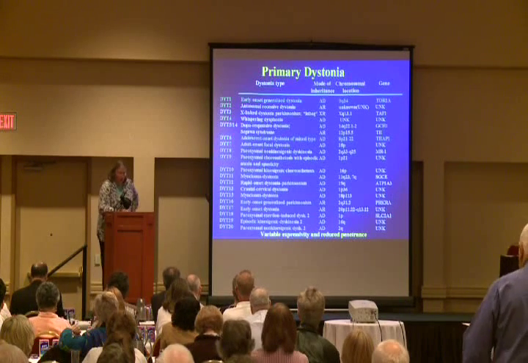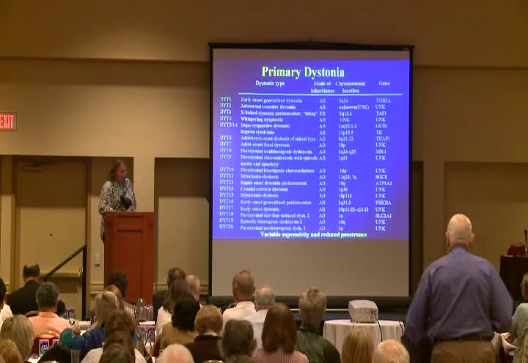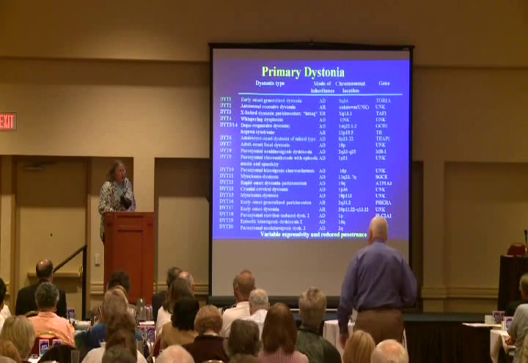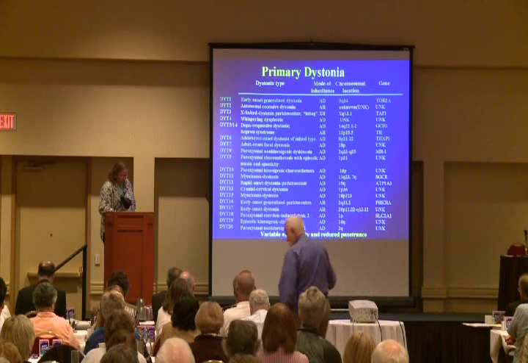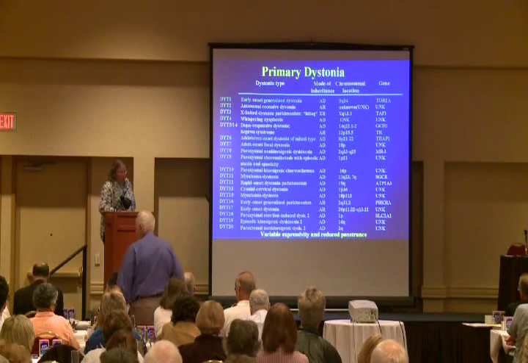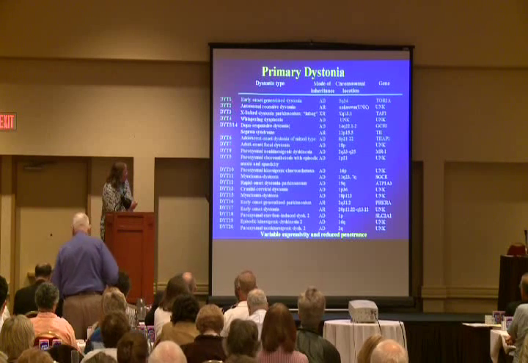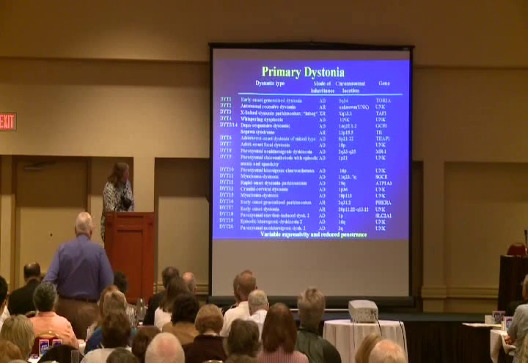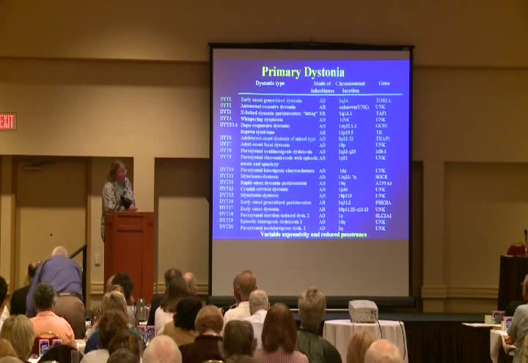Another way to classify dystonias is by genetics. This is an ever-growing list of loci that are involved in dystonia. There are more than 20 different loci now involved in dystonias. The ones that I've put in green, DYT1, 2, 4, 6, 7, 13, and 17, are what we call the primary dystonias.